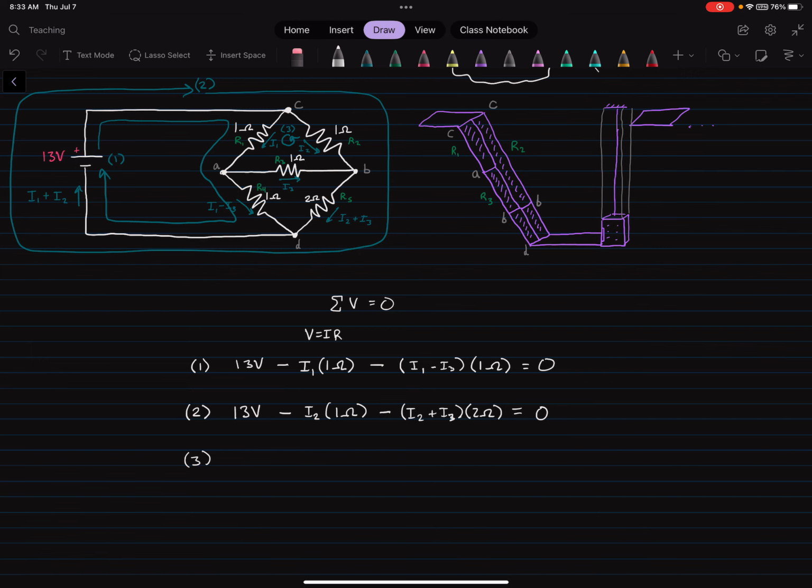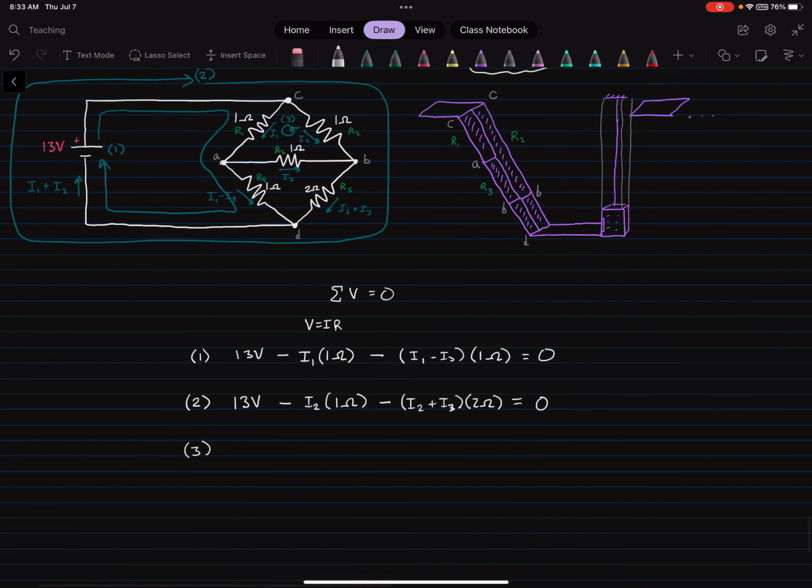All right, so we have minus I1 times that 1 ohm, minus I3 times that 1 ohm, plus I2 times that 1 ohm.